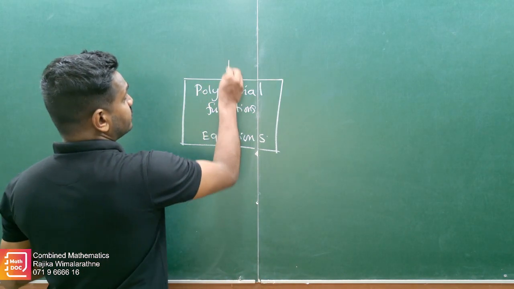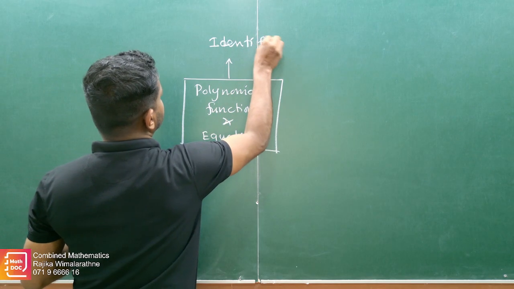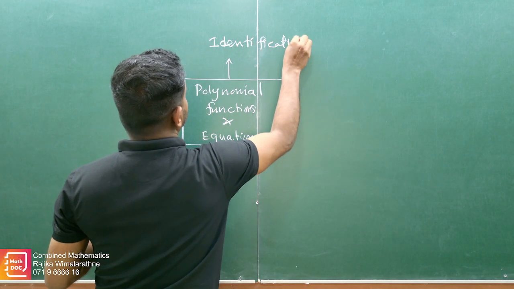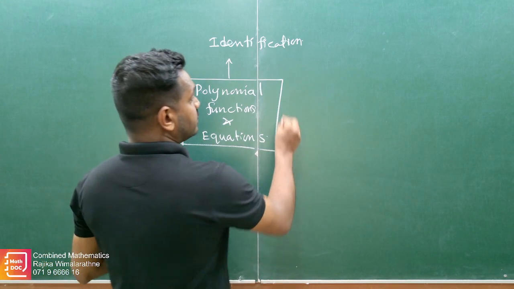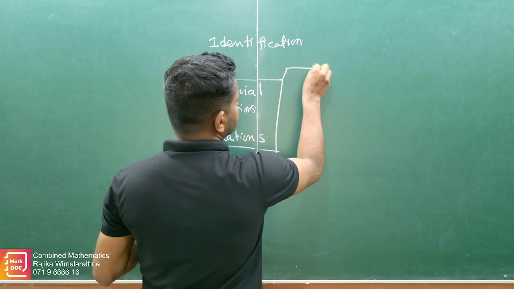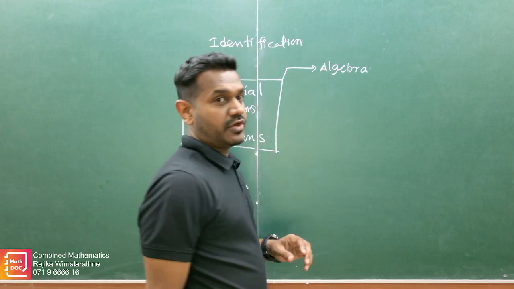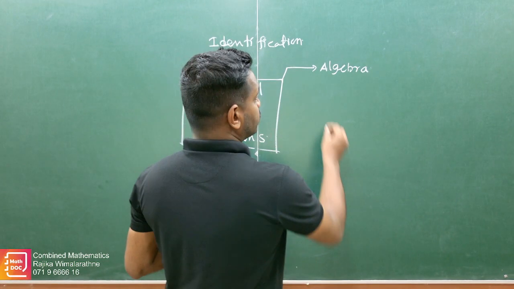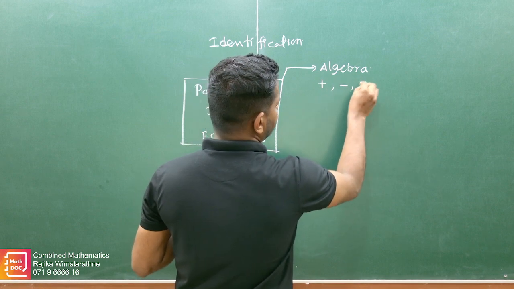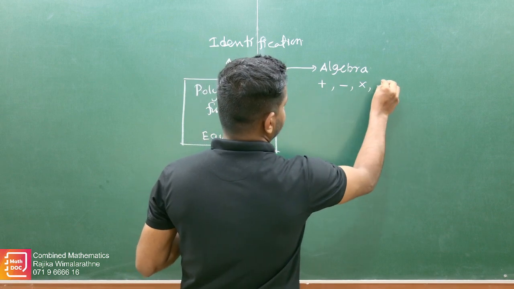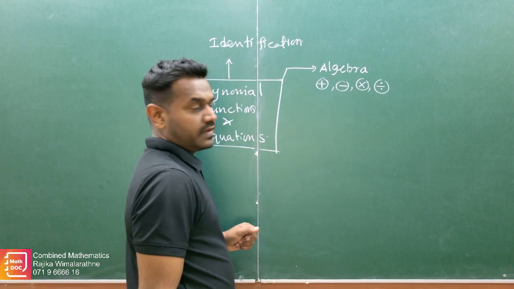First, we discuss identification of polynomial functions. Then algebraic operations on polynomial functions: addition, subtraction, multiplication and division. So these are the algebraic methods.